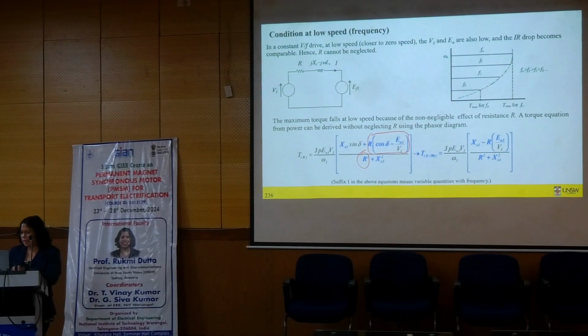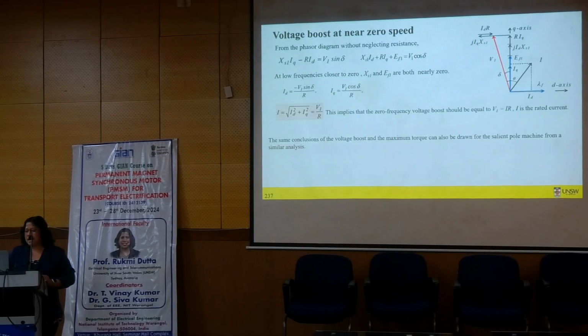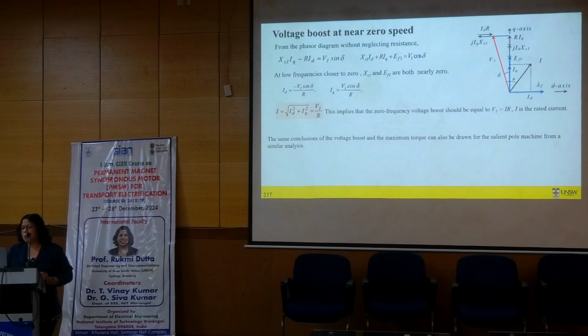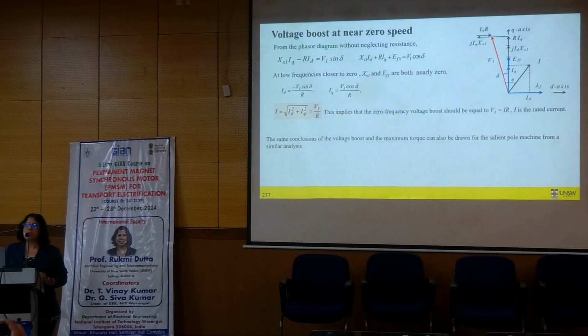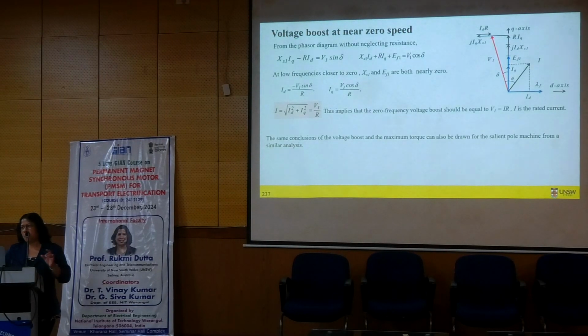So what can we do in this type of situation? We can boost the voltage by the drop I times R. Previously we only increased the voltage in proportion to frequency.